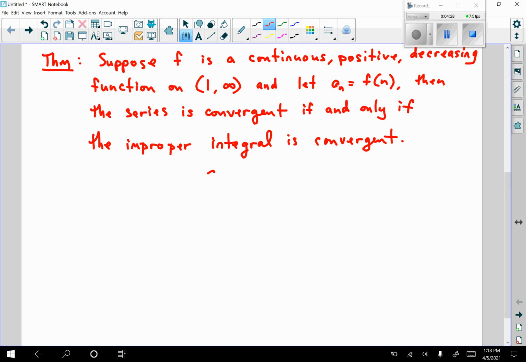And again, that improper integral is the integral from 1 to infinity of f of x dx.